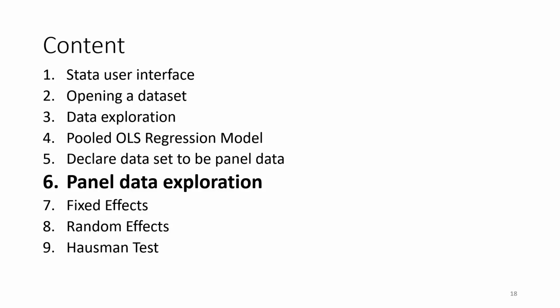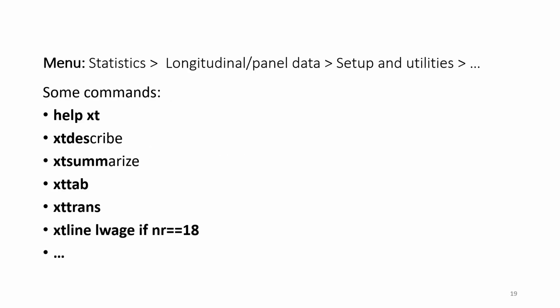Then let's see some commands that are useful for panel data exploration, which are similar to the previous ones, but with some differences. Again, we are going to go to statistics, then longitudinal panel data, setup and utilities, and then you see the commands. All of them start by xt.